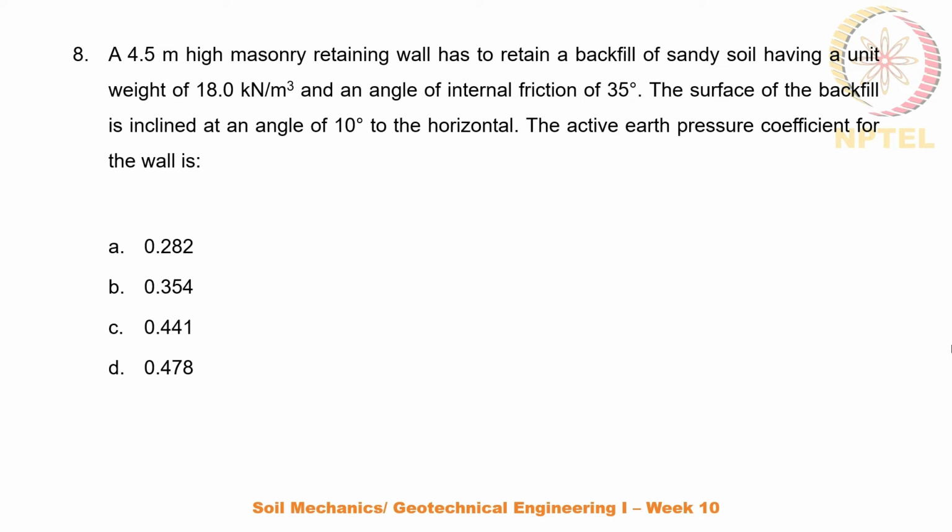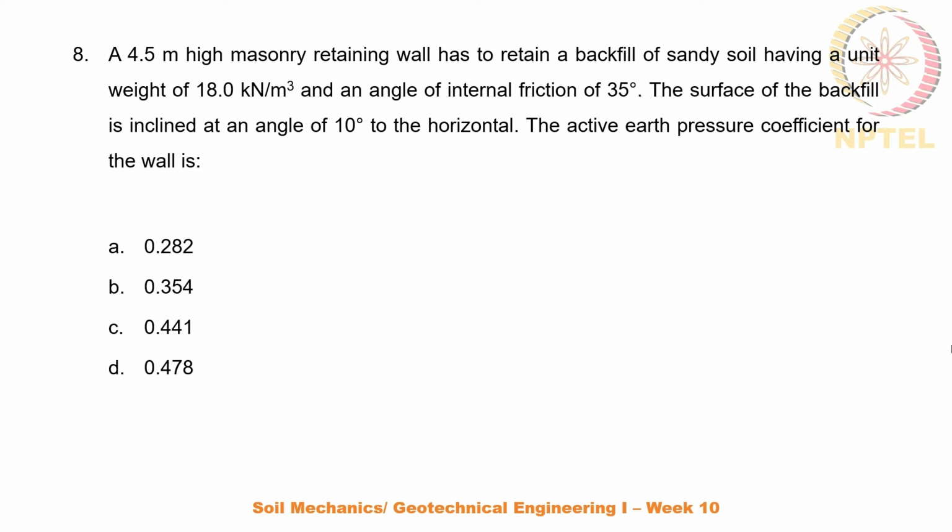A 4.5 meter high masonry retaining wall has to retain a backfill of sandy soil having a unit weight of 18 kilonewton per meter cube and an angle of internal friction of 35 degrees. The surface of the backfill is inclined at an angle of 10 degree to the horizontal.